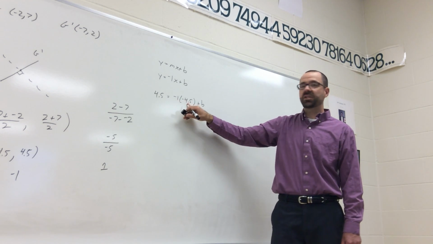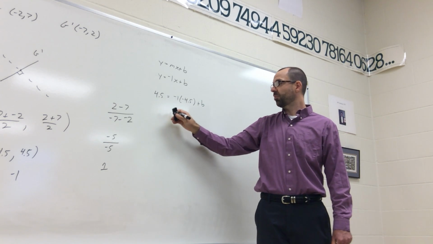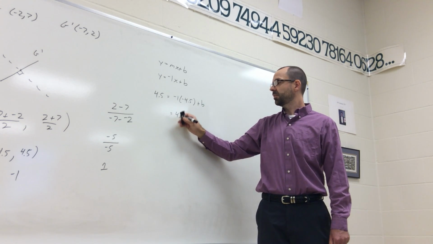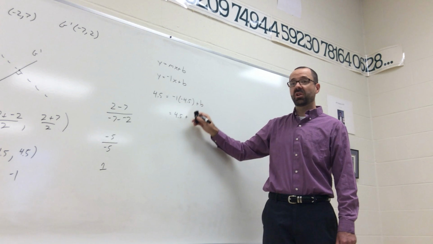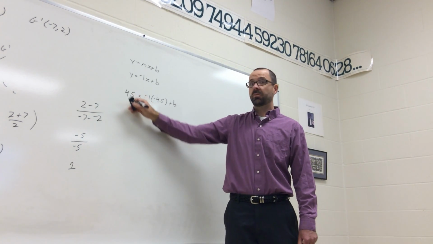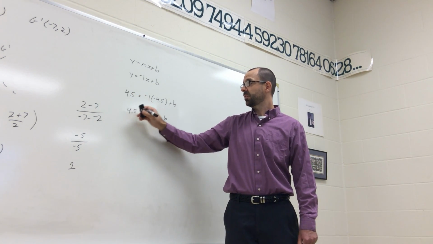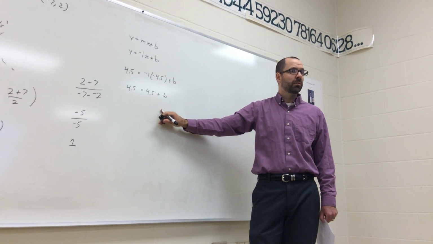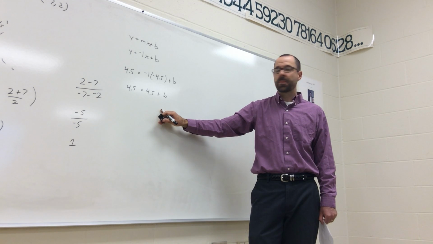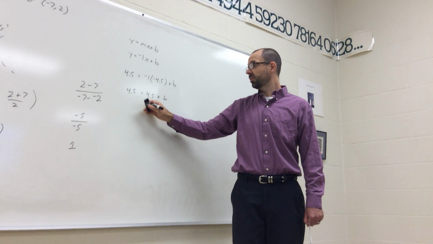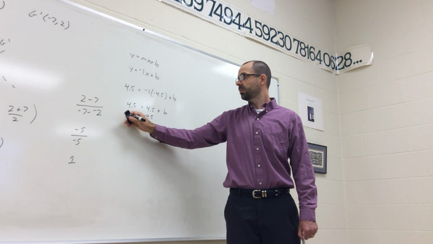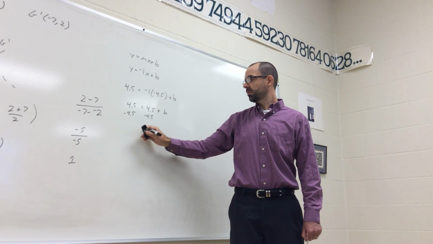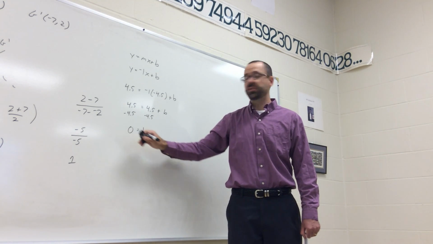Okay, then -1 times -4.5 is +4.5. And I'm going to recopy that plus, recopy that b, recopy that 4.5, recopy that equal sign, and then subtract 4.5 over. So b turns out to be 0.